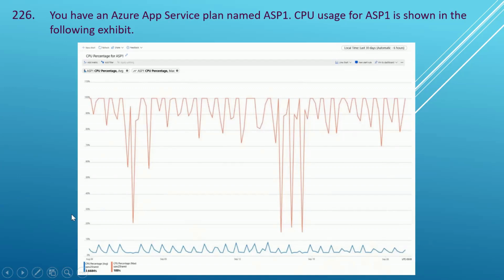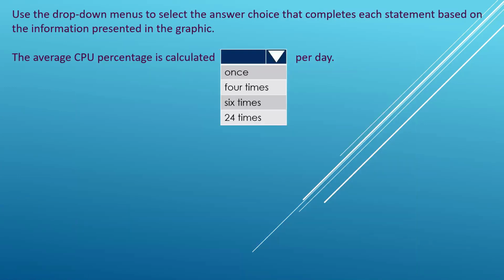Let's now look at the next part of the question. Use the drop-down menus to select the answer choice that completes each statement based on the information presented in the graphic. The average CPU percentage is calculated once, 4 times, 6 times, or 24 times per day. And friends, at the top right-hand side of the screenshot, you saw that the refresh was happening every 6 hours.